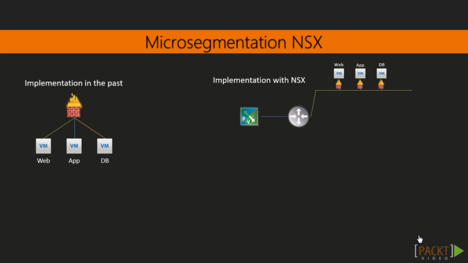So the implementation can be done in 2 ways. You create a tier per service, like it's shown on the left-hand side, or even cooler, you have all 3 tiers of our application inside a single network.